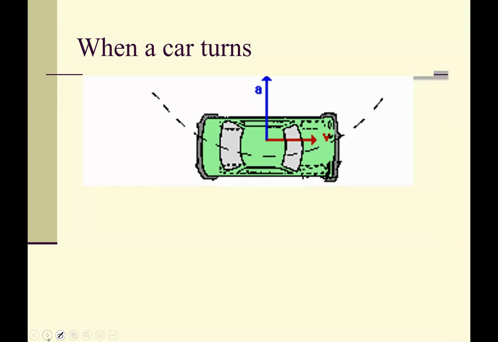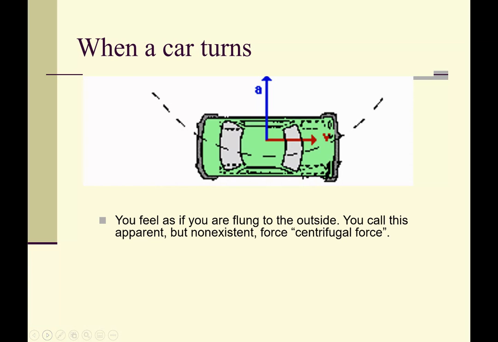So now let's look at it in terms of circular motion. When we're going in circular motion, you feel as if you are flung to the outside. A perfect example is, say you're turning right at a light and you take a really wide right turn. Your body is all of a sudden going to feel like it's being flung to the outside.